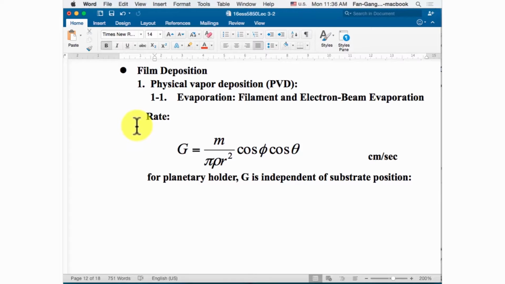For example, you can use an evaporation method. Evaporation means we heat up the material until it goes beyond its melting point. Then the vapor will evaporate from the surface, go into the space, then redeposit onto your surface and become a thin film.